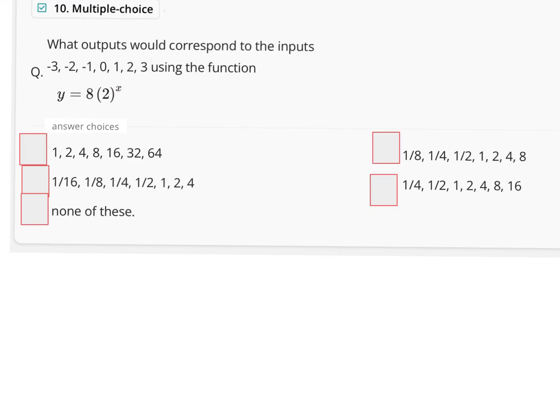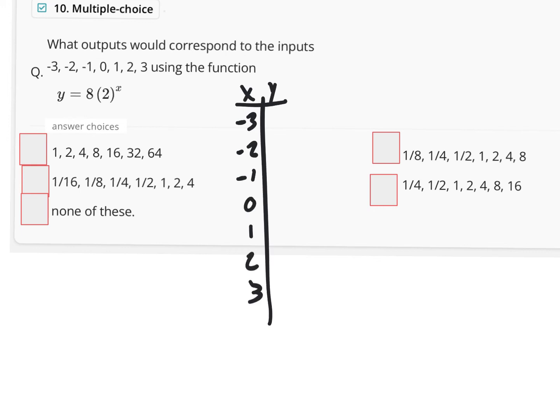So technically, they're giving you an input-output table, and they're giving you the consecutive integer coordinates -3, -2, -1, 0, 1, 2, 3, and they are asking you for the outputs of these corresponding integer inputs. So when you do figure out the outputs, the easiest thing to do is to plug in your easiest number, which would be the input 0.